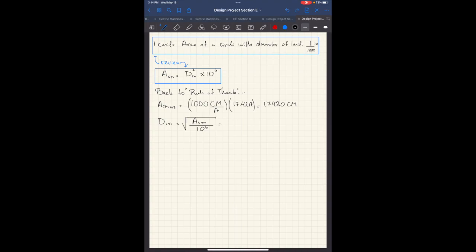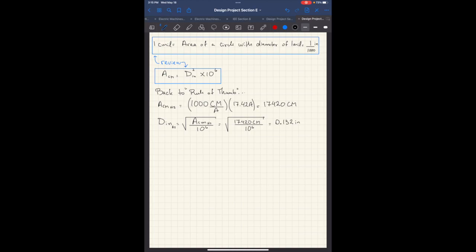So for my high side conductor, I take my circular mill, divide by 10 to the 6, and take the square root, and I'm going to find that the diameter in inches should be 0.132 inches.